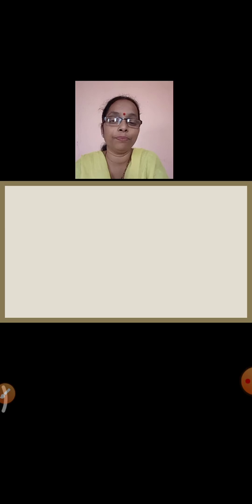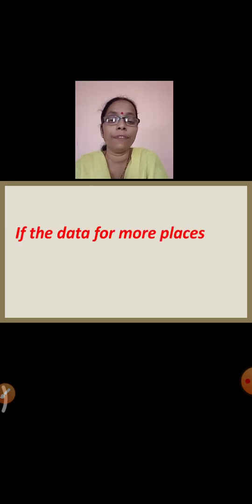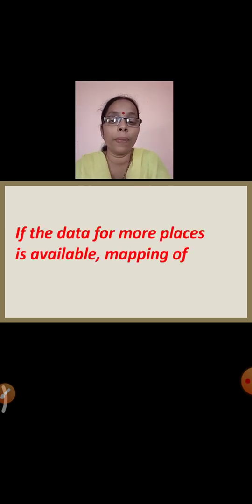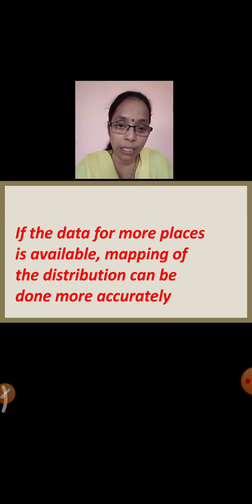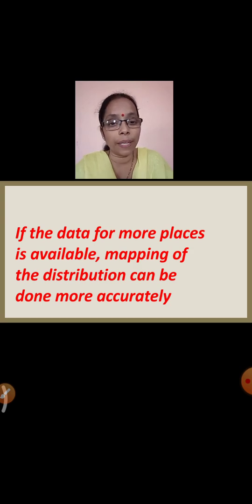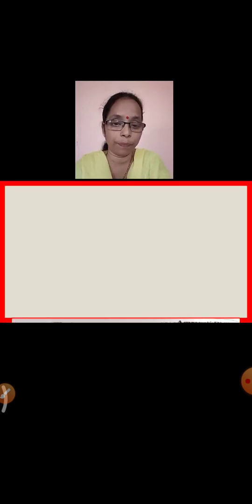Next, if the data for more places is available, then the mapping of the distribution can be done more accurately. If the data is collected for more places at a time, then it becomes easier to do the mapping more accurately.